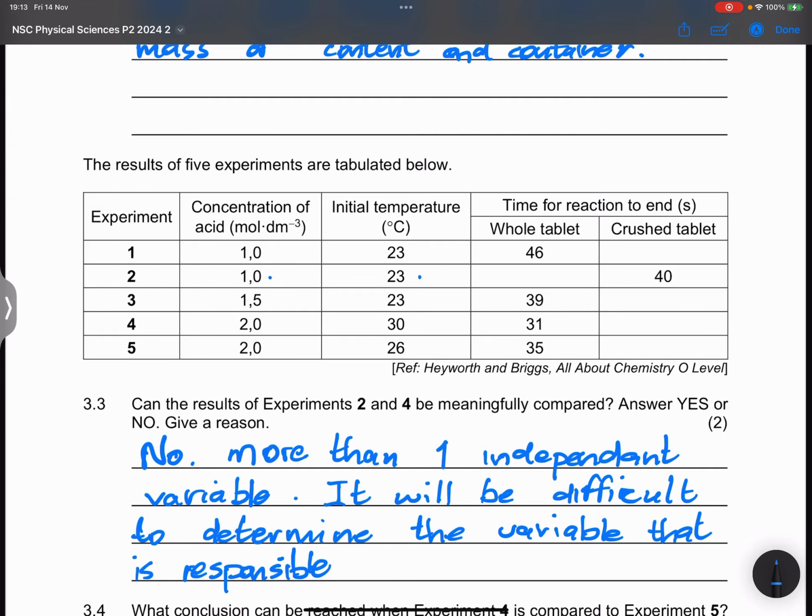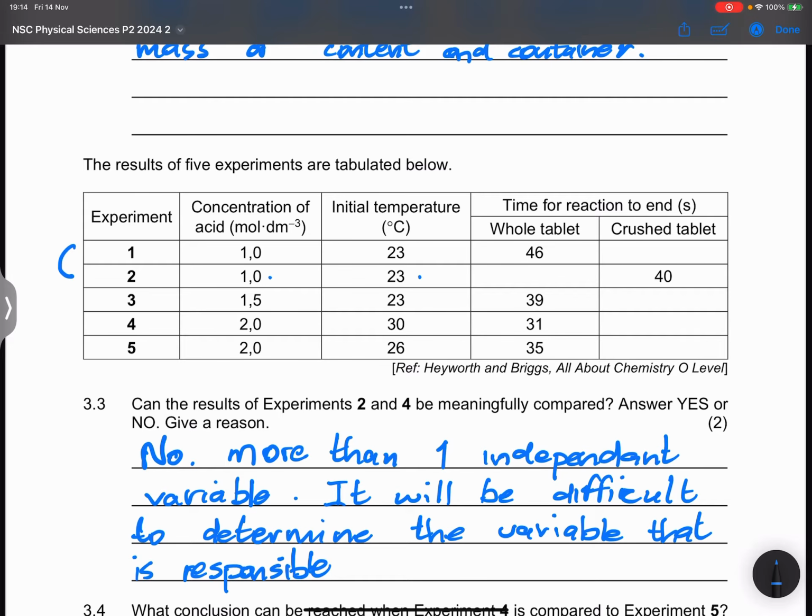When you look at experiment 1 and experiment 2, initially the temperature is the same, the concentrations are the same, and they say the whole time of reaction to the end.